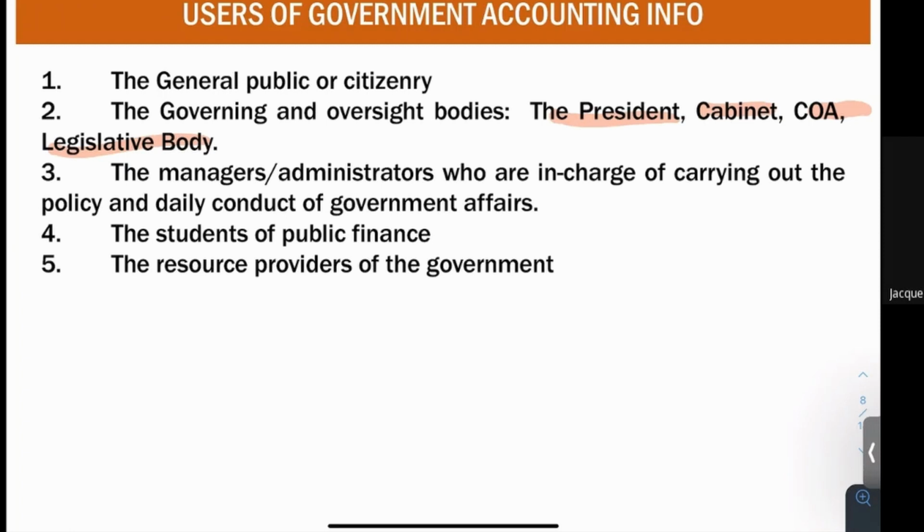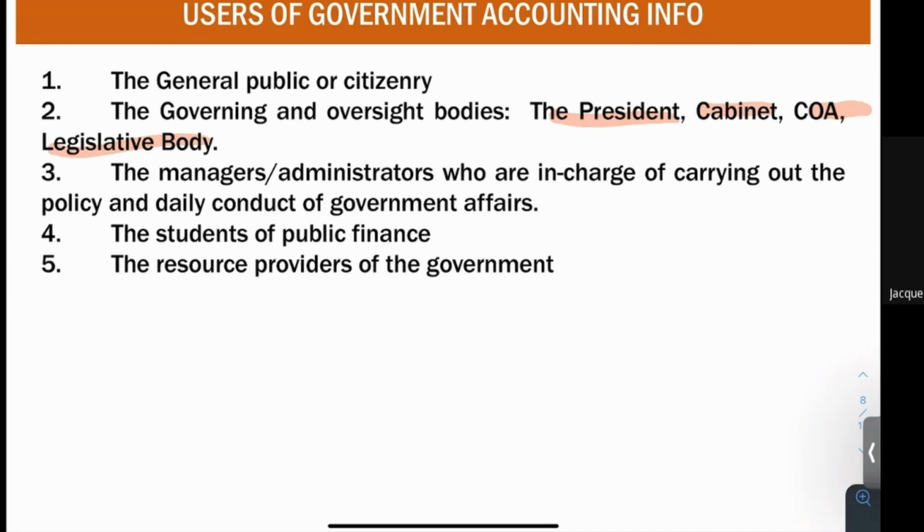The financial info is looked into so that these bodies see whether the proper policies are implemented, whether the funds are used in a proper manner, whether they are dispersed on where they are appropriated, and whether the funds are properly handled. So they look into that. So aside from whether the normal rules and regulations are adhered to, we look mostly into the usage of the fund, whether they are properly handled or not.